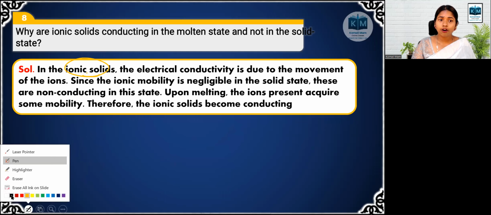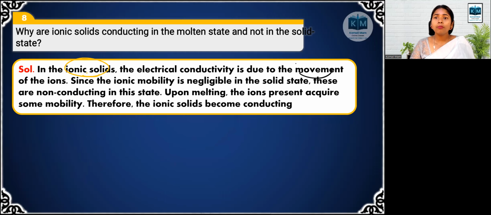It is because of the movement of ions. Ionic mobility in a solid state is almost negligible because there are no free ions. They are non-conducting in nature in solid state.